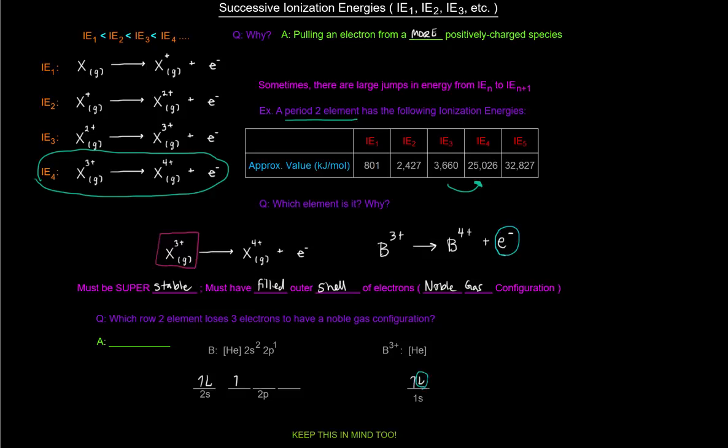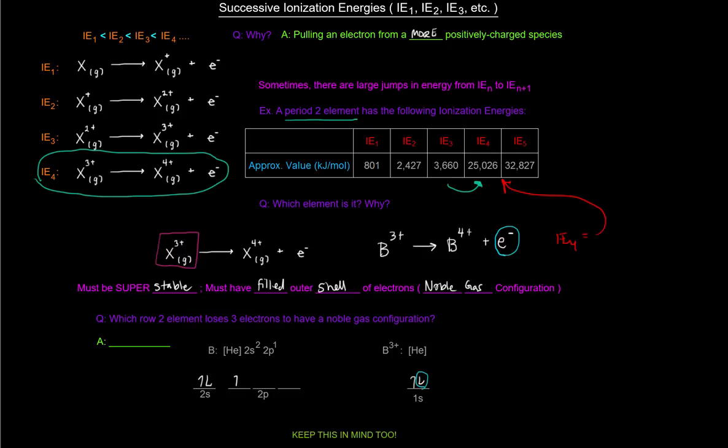So you'd be ruining the 1s2 configuration, which is helium's configuration, a noble gas configuration. And that is super stable, and this ion would not want to have that electron ripped off. It would require tons and tons of energy. Hence, the ionization energy number 4 for this reaction is super high. It equals that 25,026 kilojoules per mole.